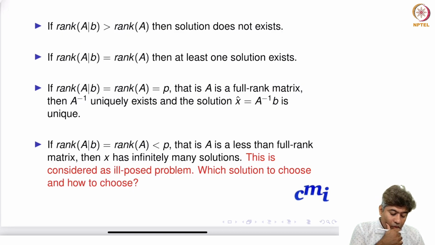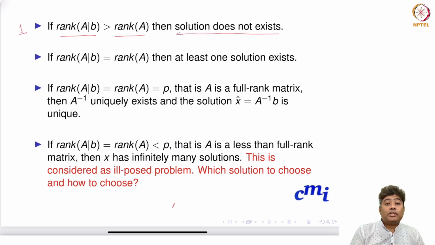Now we have to figure out under what condition a solution does not exist, under what condition a solution does exist, and all these situations. The first thing that happens is if the rank of A augmented with B is strictly greater than the rank of A, then a solution does not exist at all for the system of equations.